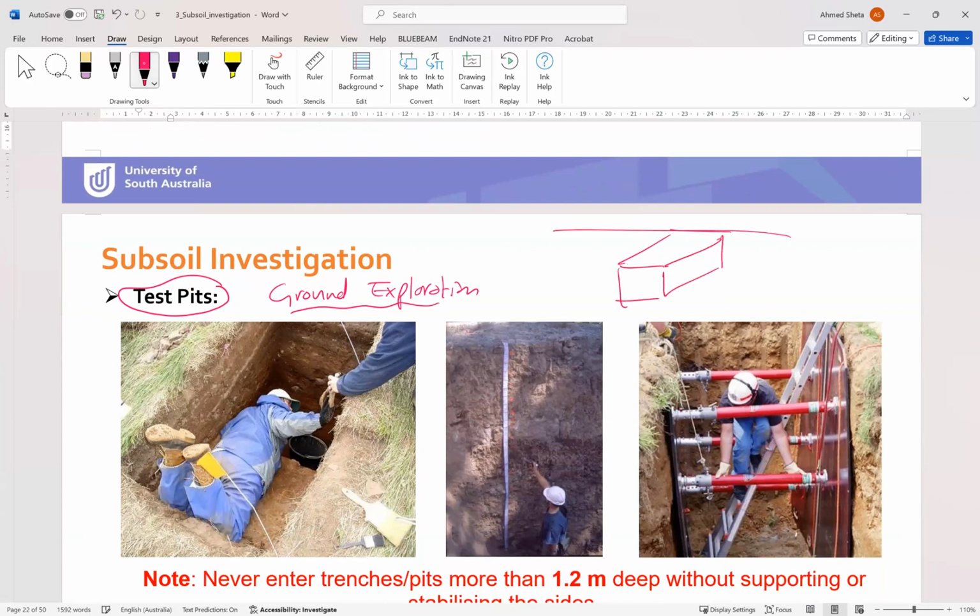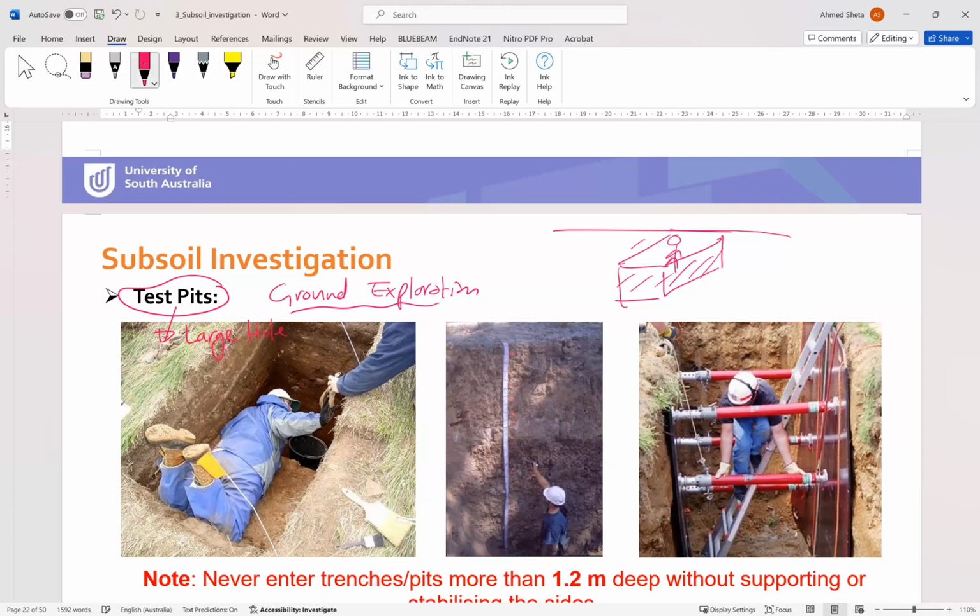If this is the soil, we are digging a hole and getting into the hole to get the properties of the soil or to know the layers of the soil.